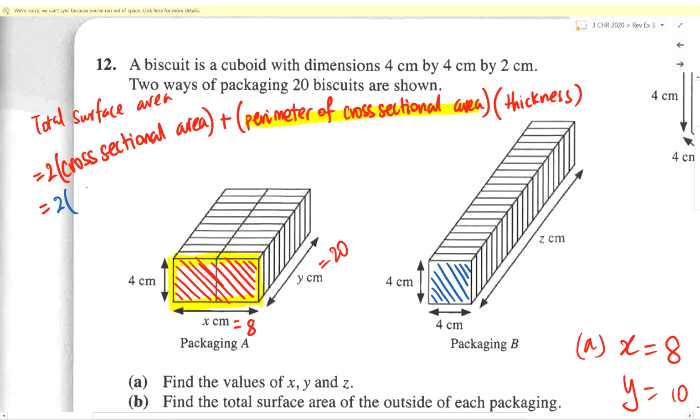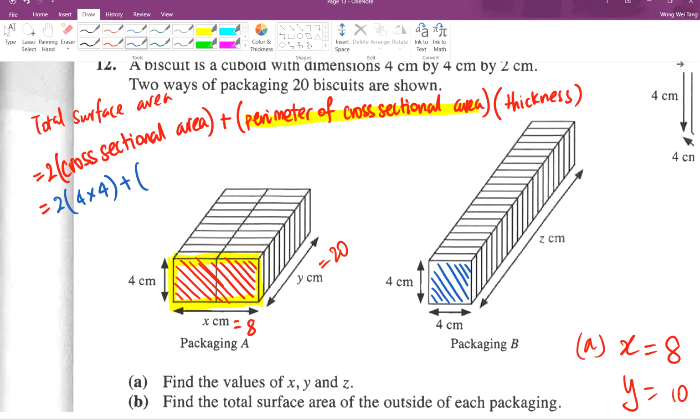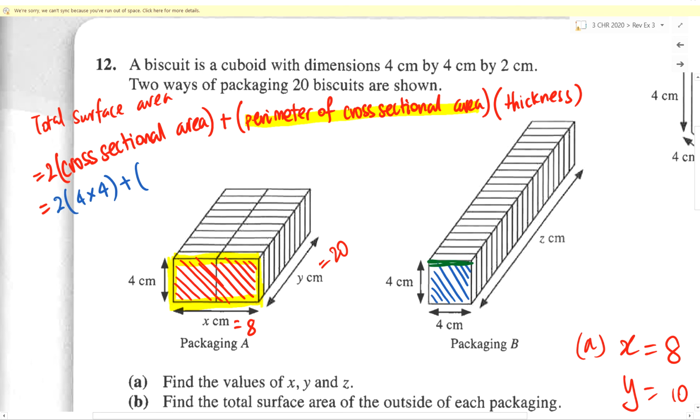Now cross-sectional area will be 4 times 4. Copy down the plus. Open bracket, perimeter of the cross-sectional area. This is the perimeter of the square, of the cross-sectional area. So we have 4 plus 4 plus 4 plus 4.